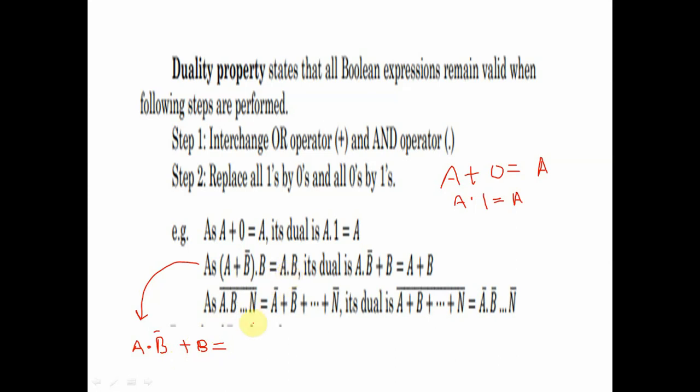So instead of ANDing, I write A plus B. This is the duality theorem. The duality theorem states that Boolean expressions remain valid when the following steps are performed. In the duality theorem, there are two steps: interchange the OR operation with the AND operation, and in the second step replace all constants, that is 1 is replaced by 0 and 0 is replaced by 1.